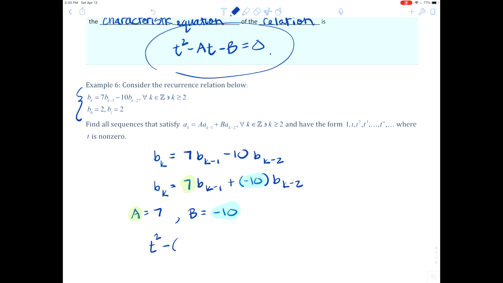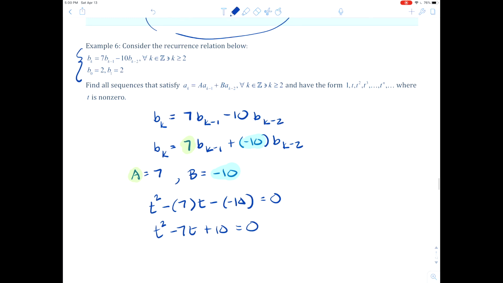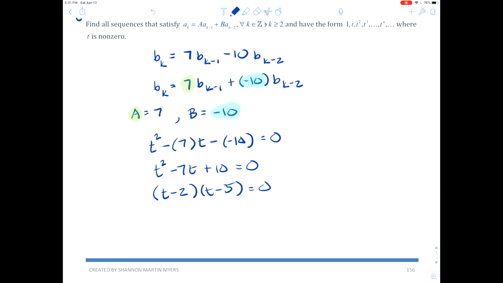So minus 7 times t, and then minus negative 10 is equal to 0, which simplifies to t squared minus 7t plus 10 is 0. Now this one, do you see, is factorable, which is nice. So this factors as t minus 2 times t minus 5 is equal to 0. So we would get t is 2 or 5.